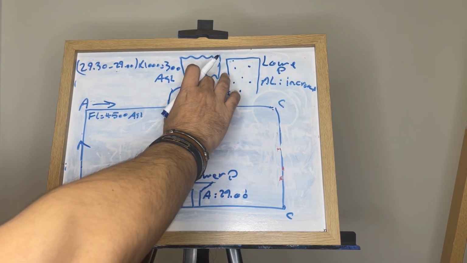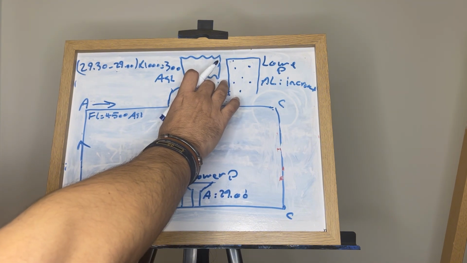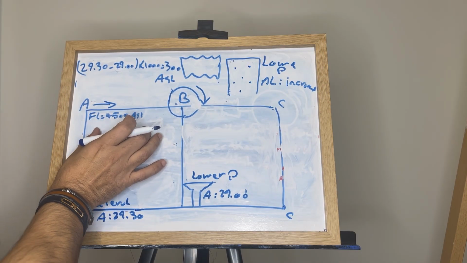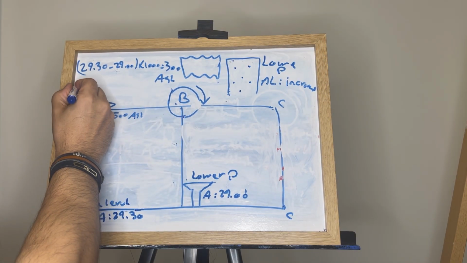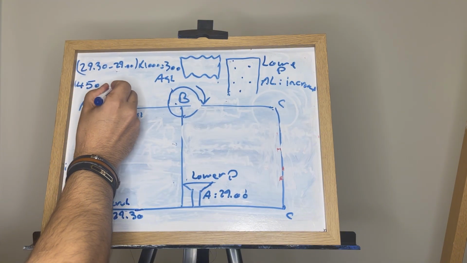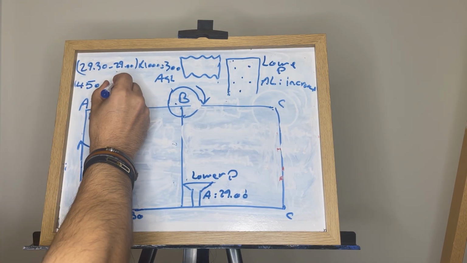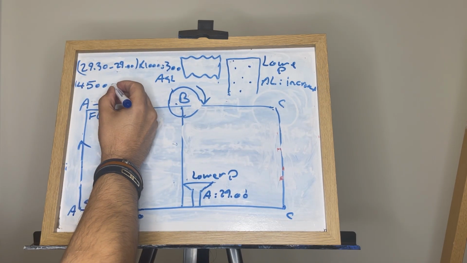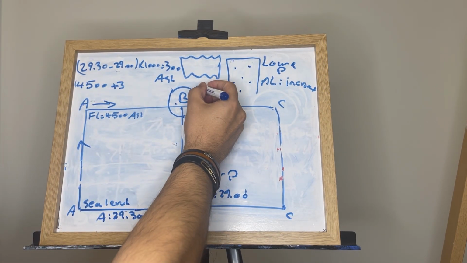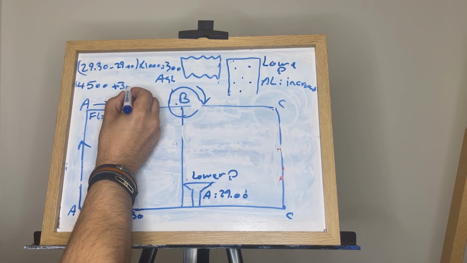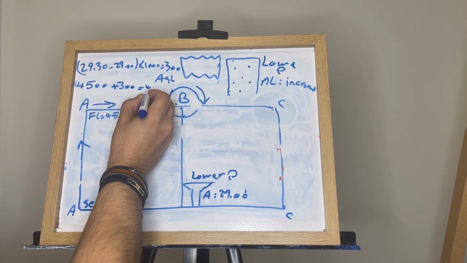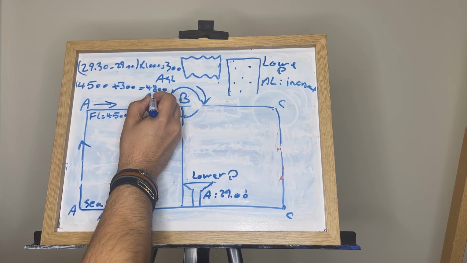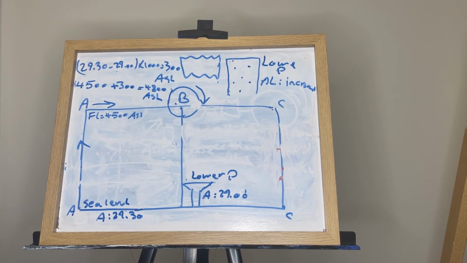So how much does the altimeter automatically show an increase? 300 feet from the flight level or actual height. 4,500 feet plus 300, because the altimeter shows an increase, 4,800 feet above sea level.